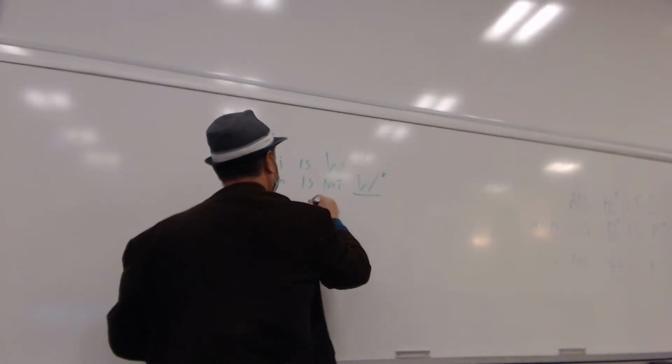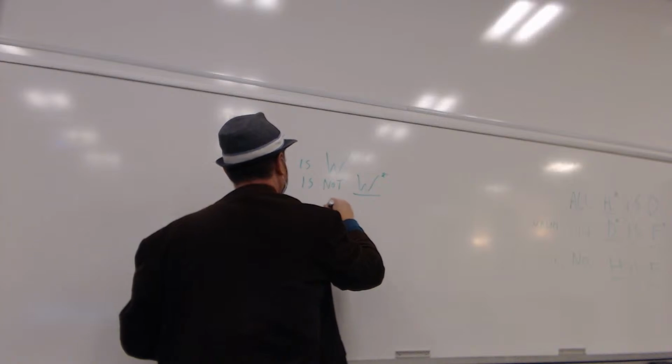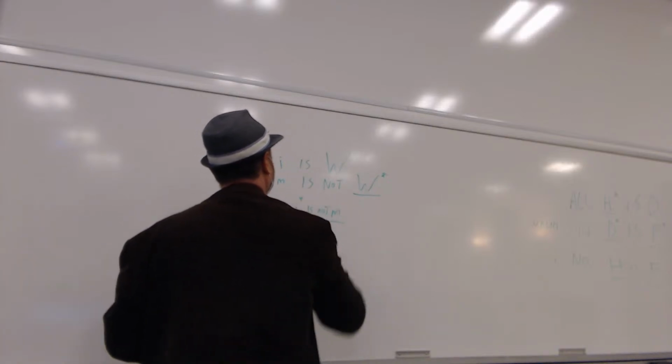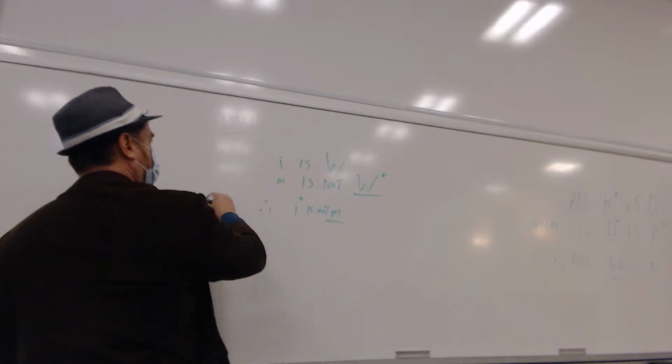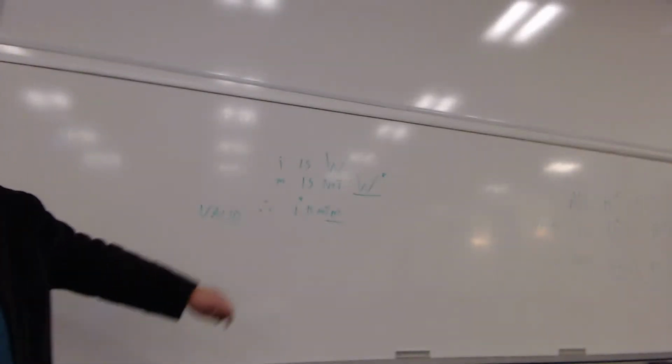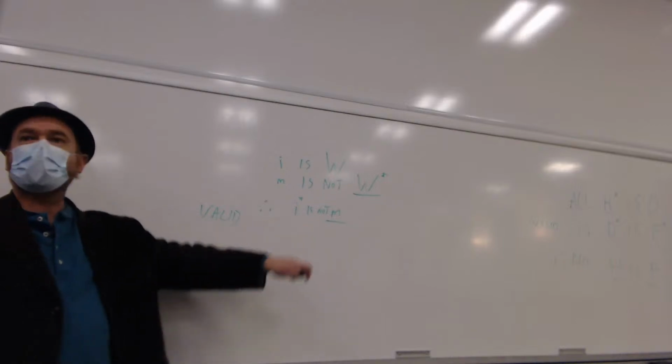And we need a not, because there is a not in a premise. We distribute and we star, and the argument is valid. And the conclusion is, of course, that I am not my mind.